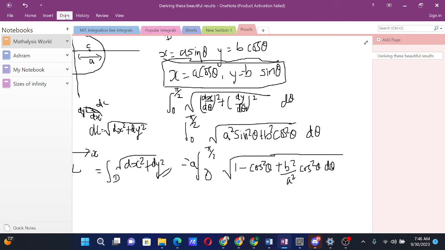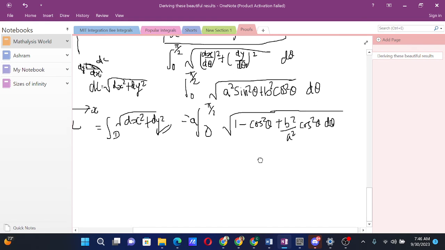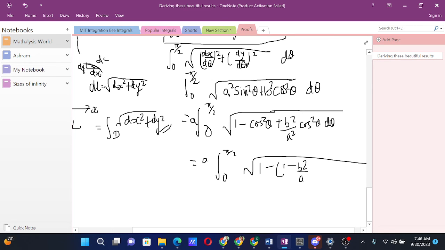Now what we can do is a times the integral from 0 to pi by 2 of the root of 1 minus, if we take minus common over here, (1 minus b square by a square) cos square theta, d theta.